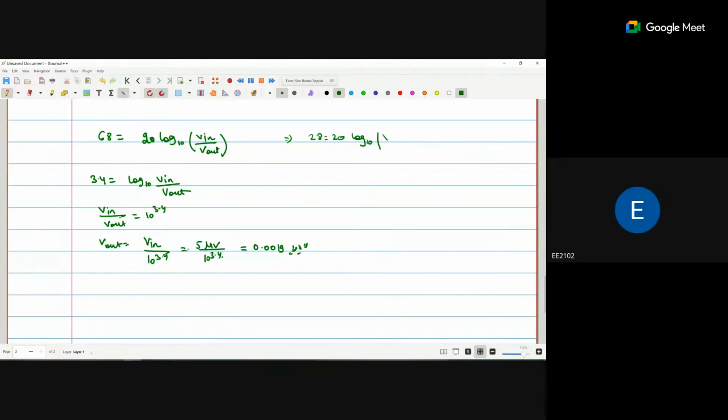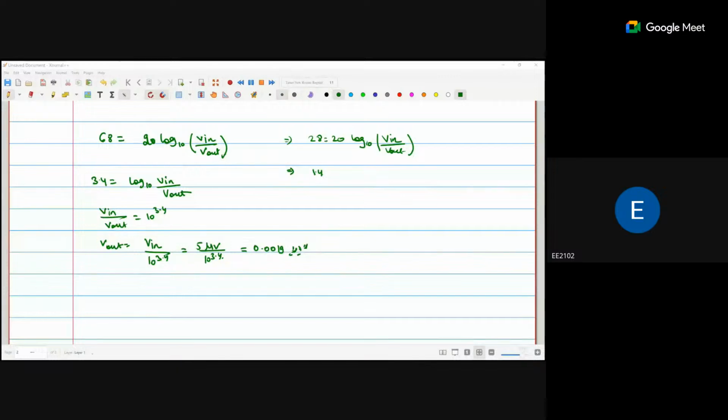Log of Vin upon Vout is 1.4. So 5 divided by 1.4.